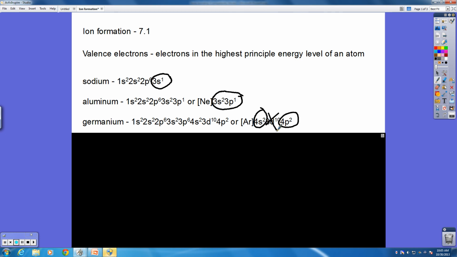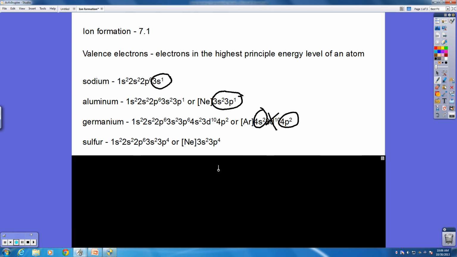That's n equals 3 instead of n equals 4. So germanium has 4 valence electrons, which also kind of explains why I told you to skip transition metals, because remember, all transition metals are going to end in d orbitals. So there's clearly something else going on there if we don't count that lower d orbital when we're looking at valence electrons.